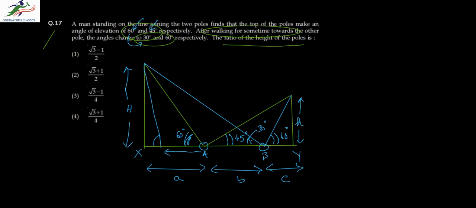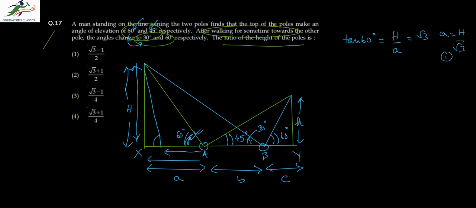So we have to use simple trigonometry here. Tan 60, we are taking the first condition out here. Tan 60 is capital H, which is the height of the bigger pole, divided by the distance XA. So this is H by A, and tan 60 we know is root 3. Therefore A is H by root 3.